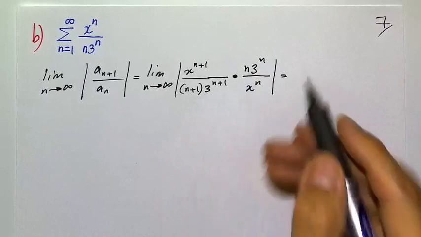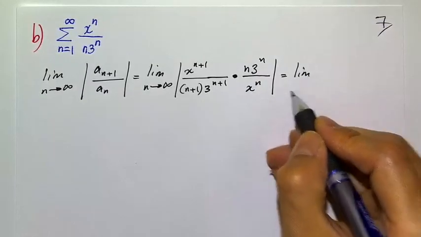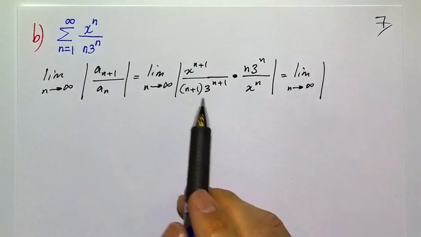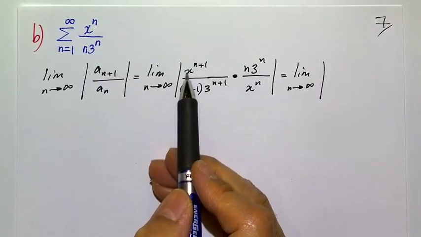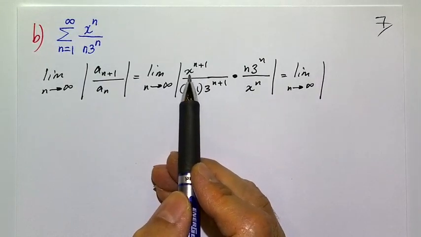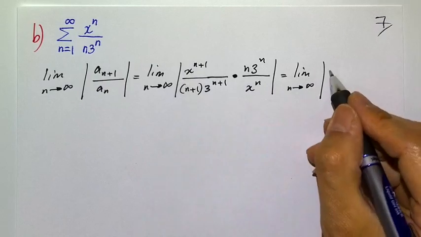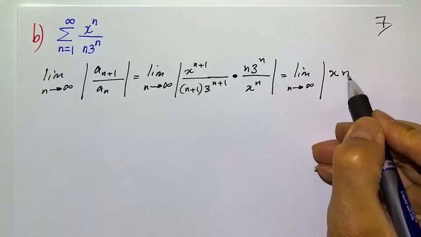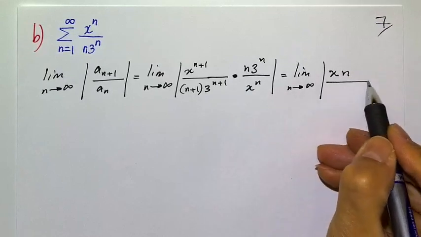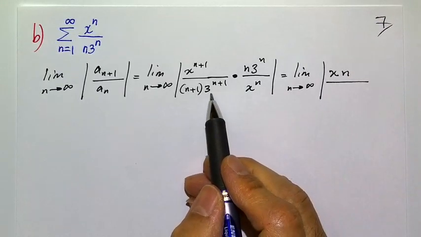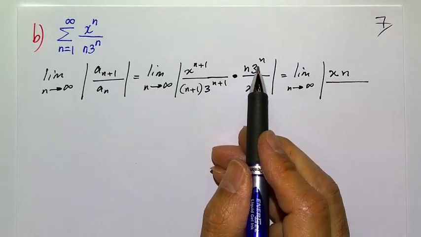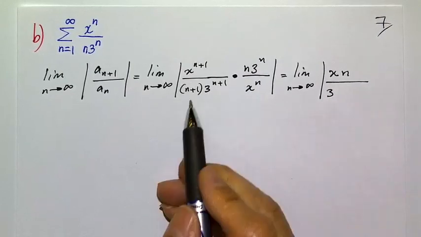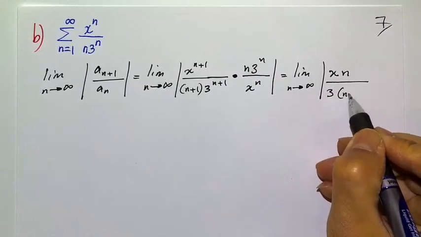And of course we can simplify this. So what do we get? With the x to the n power canceling, we will have just 1 x in the numerator times this n. And in the denominator, the 3 to the n cancels out, but 3 to the first power stays, times, of course, n plus 1.